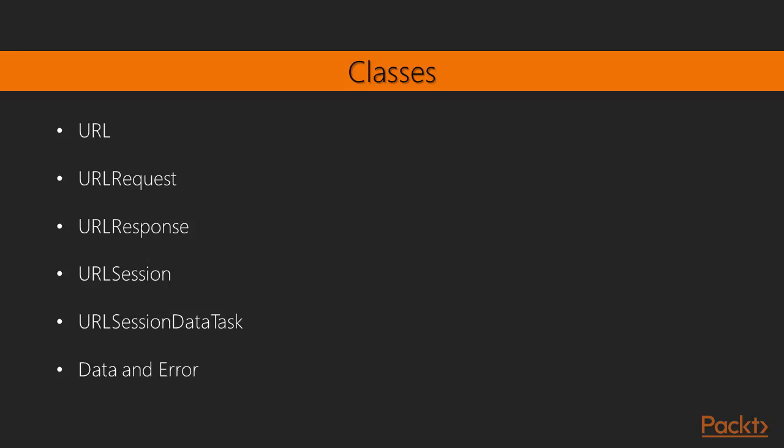Only the protocol headers and response code. The content itself is returned in an object of type data, which represents binary data. If the request fails, an object of type error will be provided. All these classes used to have the prefix NS before Swift 3. For example, URL used to be called NSURL. Let's see some more options in these classes.